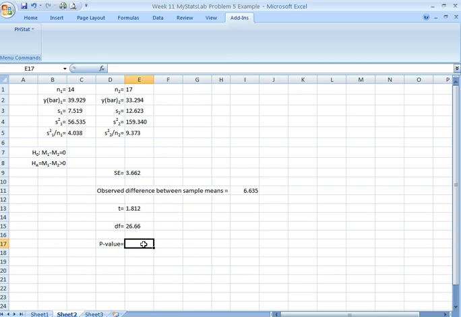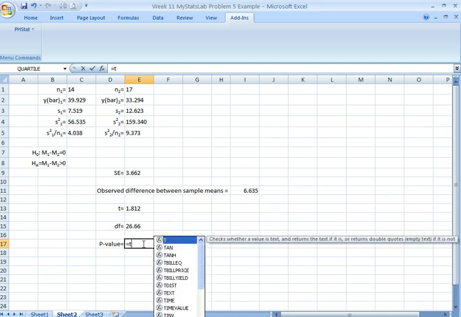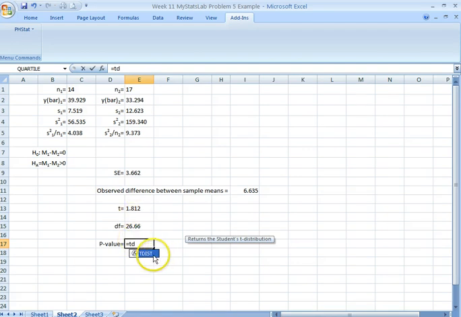Now that we have our t value and we have our degrees of freedom, we can calculate p-value by using our formula in Excel called tdist. So now we say equals, start typing in tdist, there it is. And it asks us for 3 pieces of information. The first thing it asks for is x. Well, that's our t value. So let's click on that, comma. It asks us for our degrees of freedom, which we just calculated.